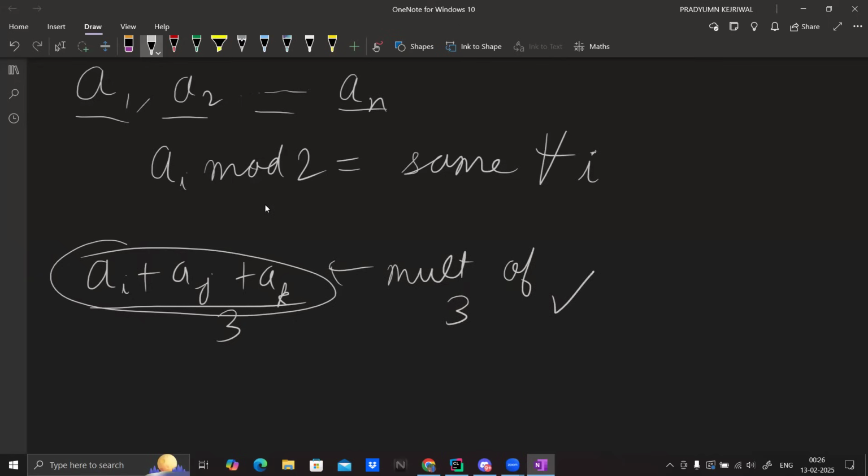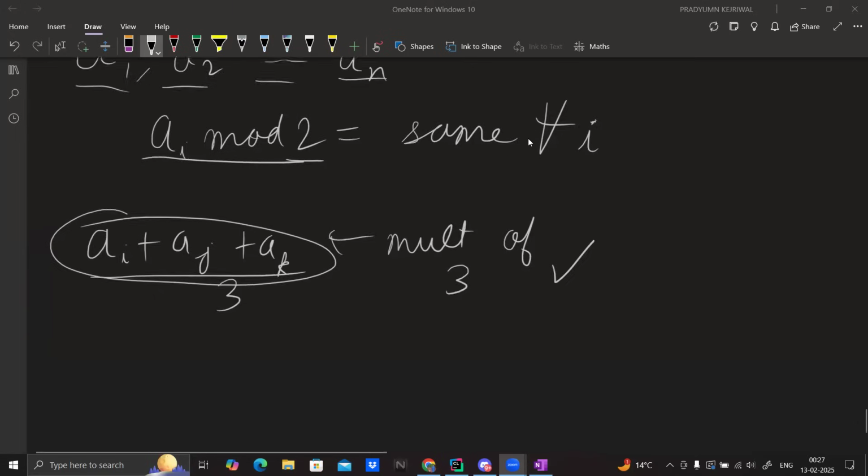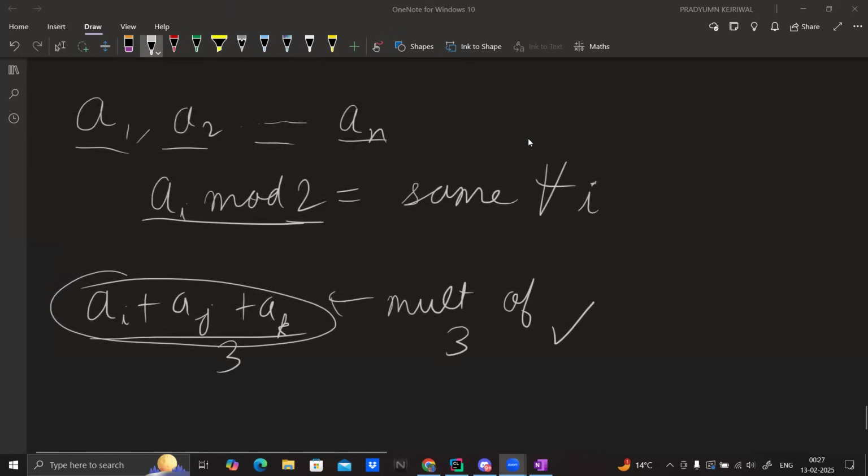In the 2 case, you saw that we wanted all of them to have the same modulo with 2. Now even in the 3 case, we can see the same. We can generalize it that every number should have the same modulo with 3, because if it doesn't, then actually we can do something, okay.